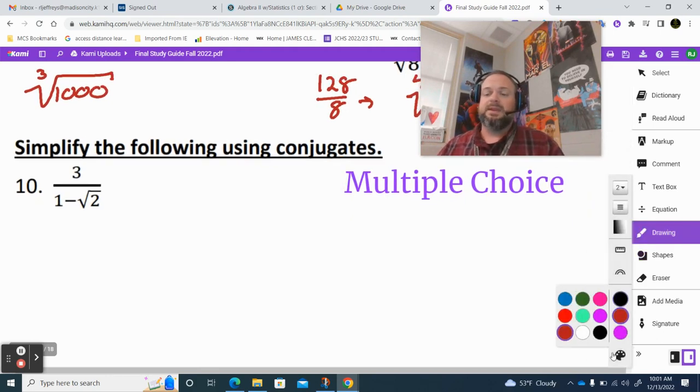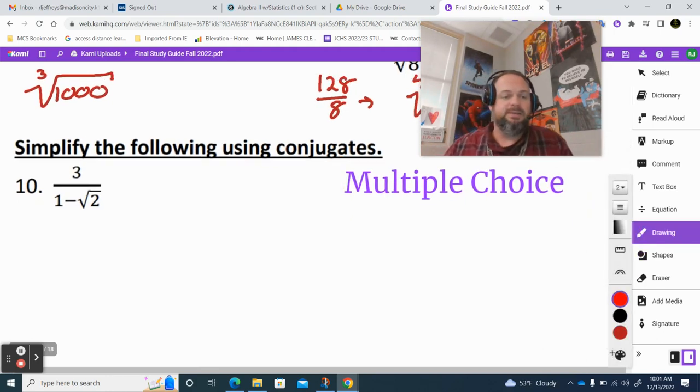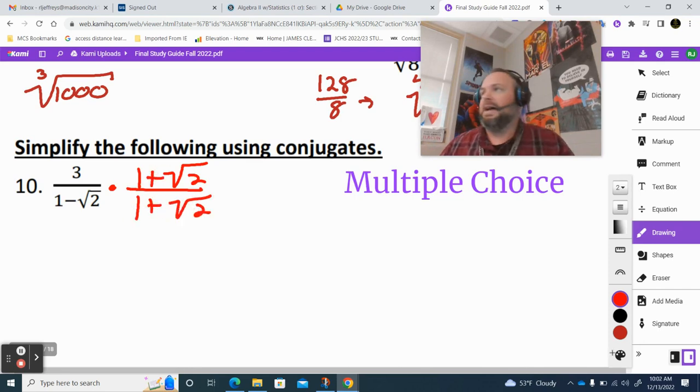Remember that a conjugate is the same terms, different signs. Same terms, different signs. That's what a conjugate is.